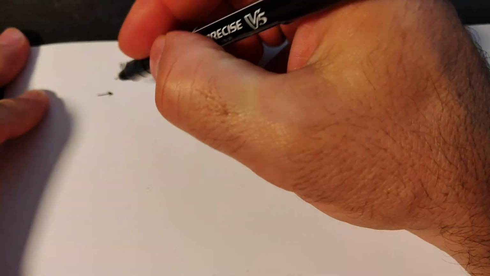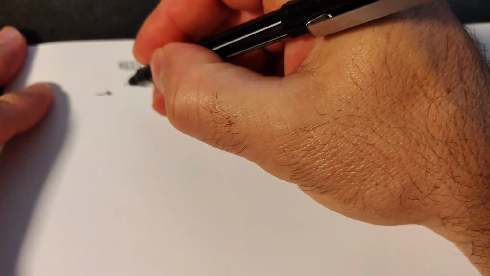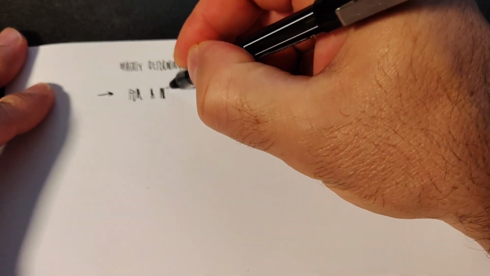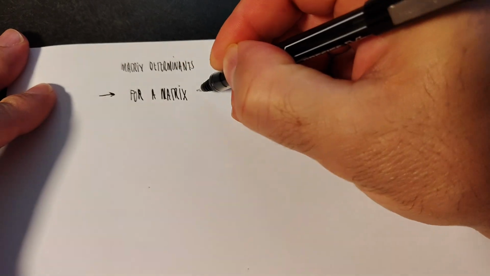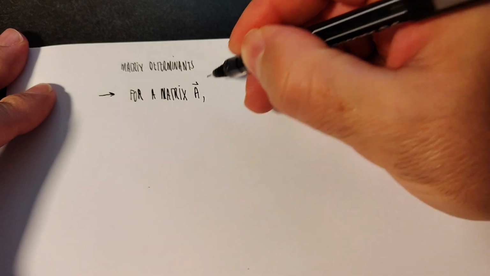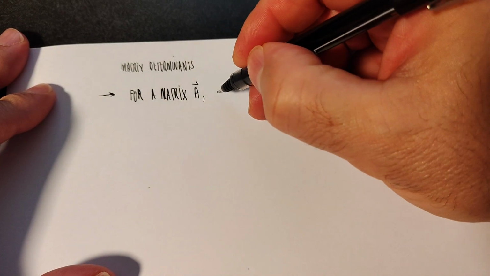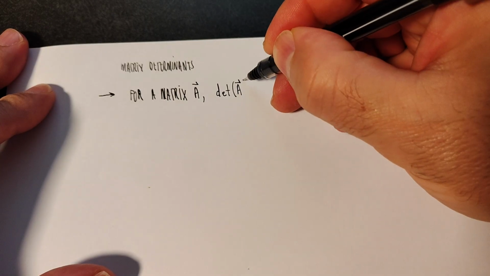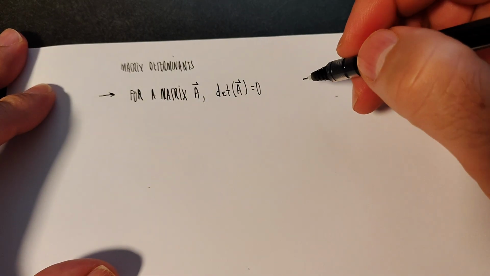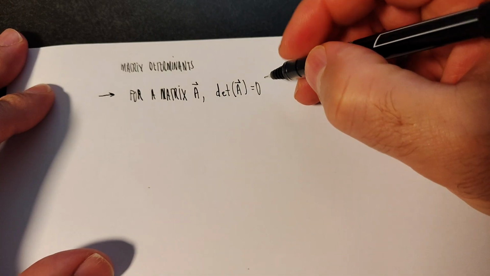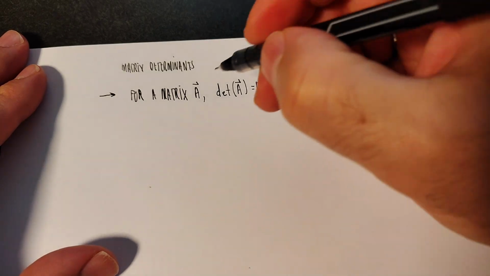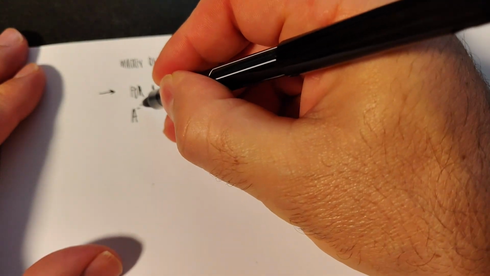There are other things that a determinant represents, but the idea here is that for some matrix A, the determinant of A is equal to 0 if and only if A is not invertible. So A inverse doesn't exist.